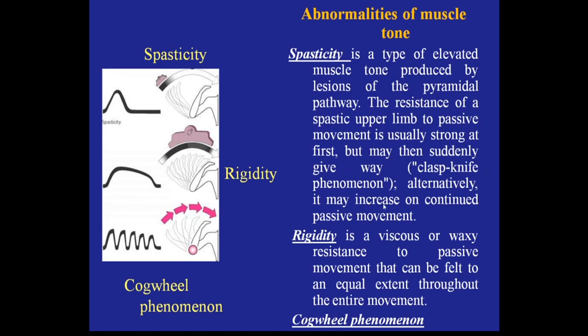Alternatively, it may increase on continued passive movement. Rigidity is a viscous or waxy resistance to passive movement that can be felt to an equal extent throughout the entire movement. And cogwheel phenomenon, like on the picture.